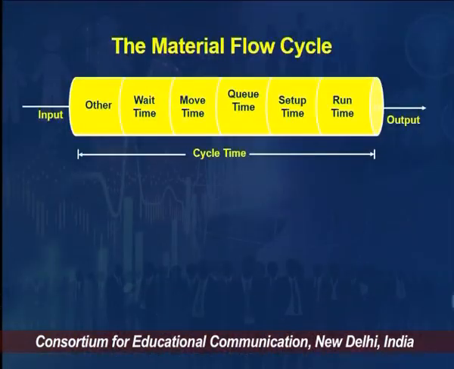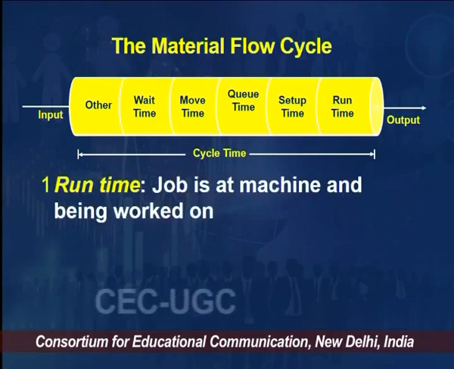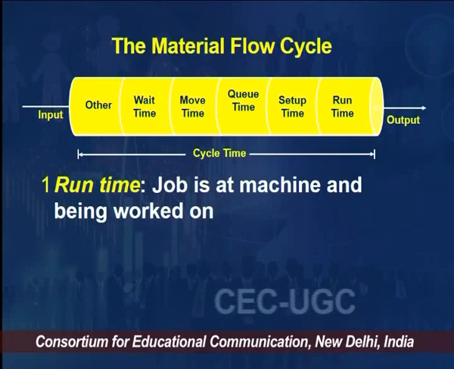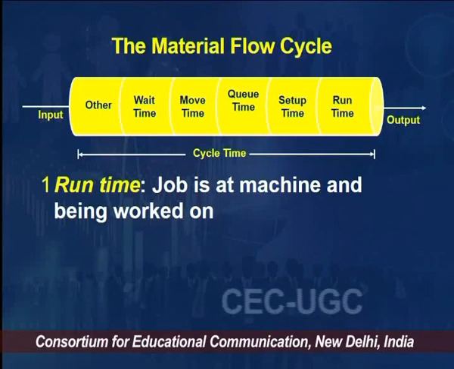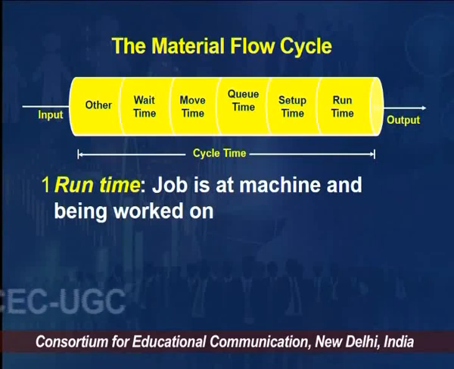Now, if you see this slide, there is a material flow cycle. There are various kinds of time, and overall there is a cycle time. Cycle time is the overall time for a material to be manufactured, from the moment the raw material is fed from one end until the finished product is taken out on the other. So there are various timings over here. Run time: the job is at the machine and being worked on.